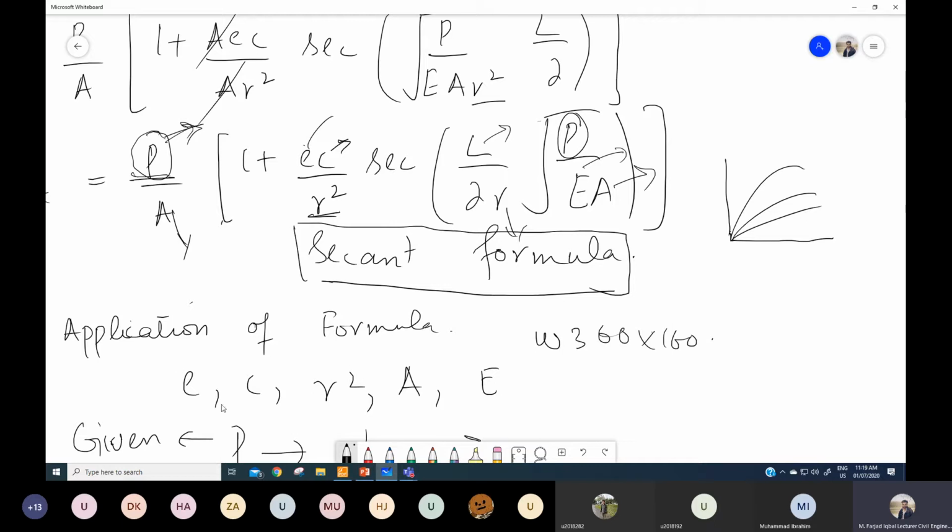For example, if you know these values, there will be some variables on this graph, that for this line the E value is X, Y, Z, and C is this, R is this, or they may give the value in terms of EC over R square is this, L over 2R is this, then what is the load value for a particular compressive strength? So previously it was a trial and error procedure, where you calculate these factors EC over R square, then use the graphs and calculate the sigma maximum, or the loads if sigma maximum is given. But now obviously you can use your calculator.